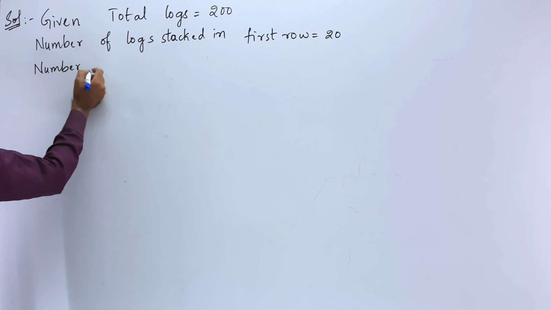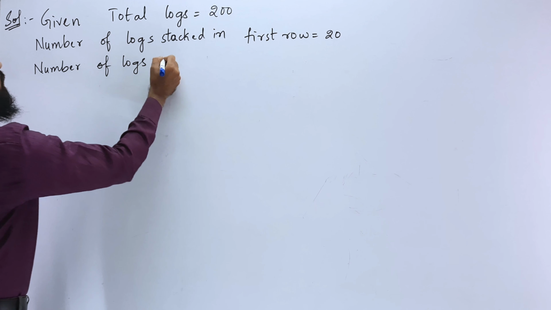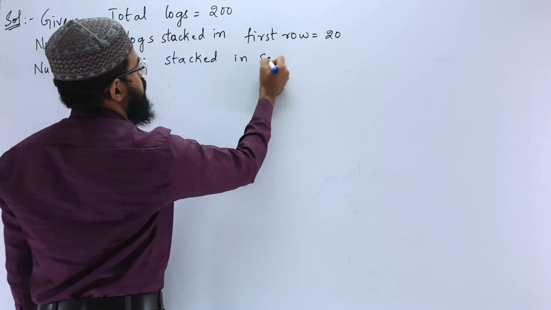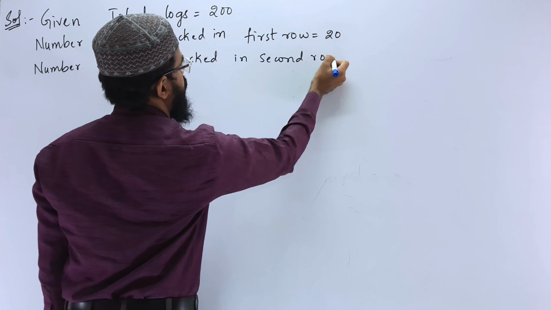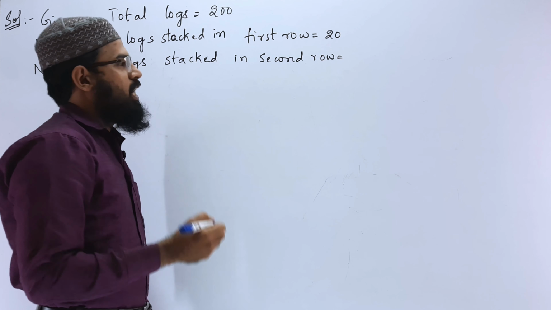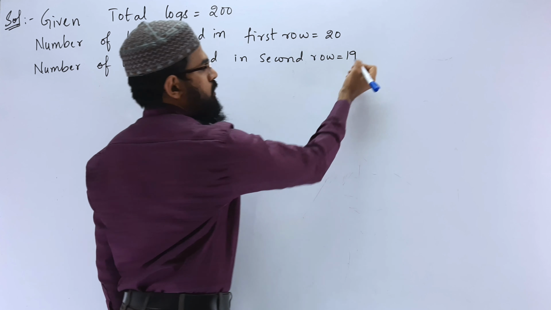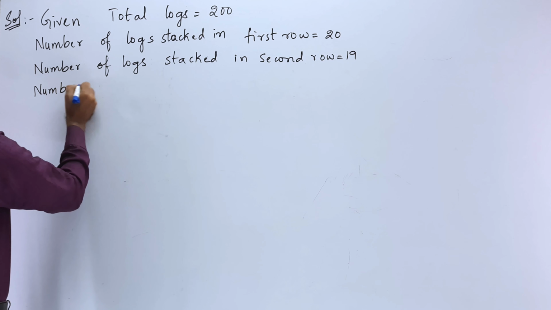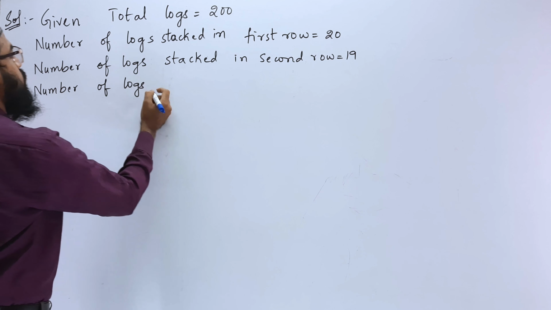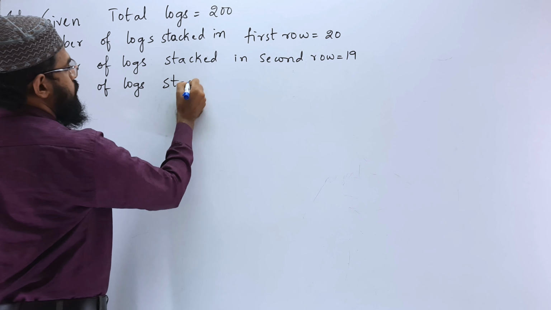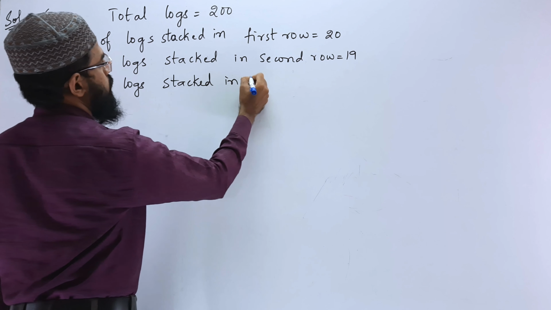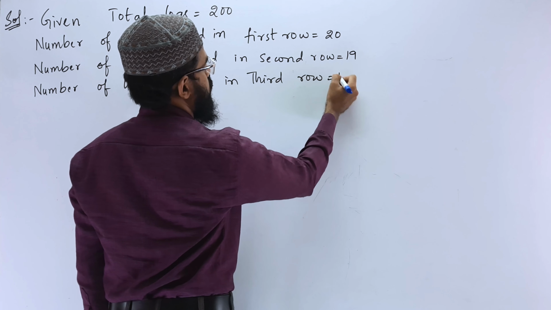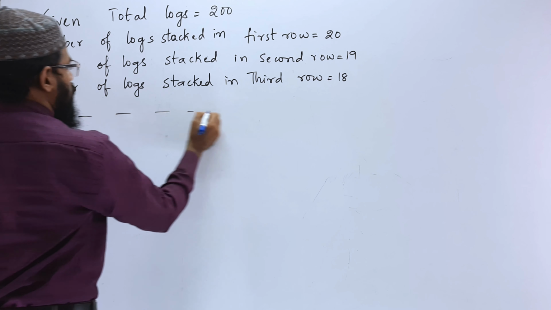Number of logs stacked in the second row: the number of logs they have placed in the second row is 19, as they have given in the question. Next, the number of logs stacked in the third row is equal to 18, and so on.